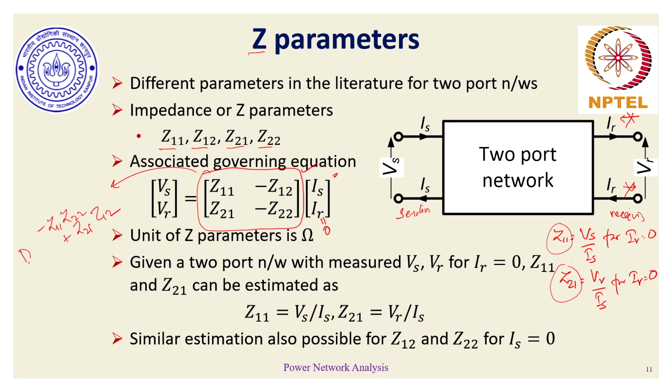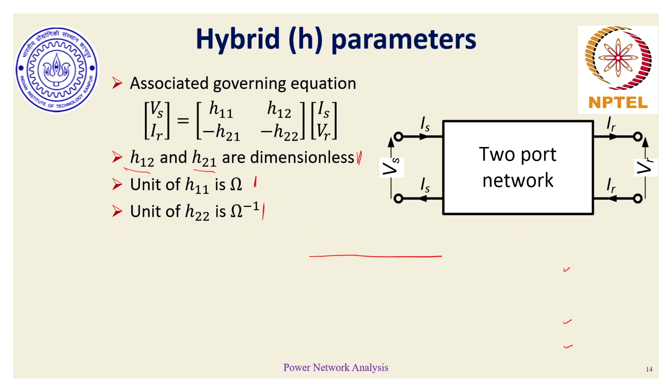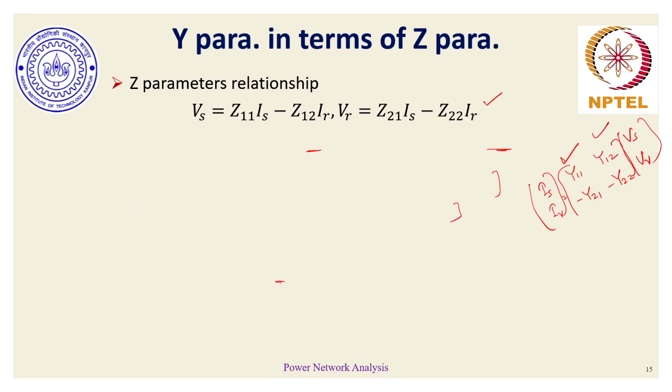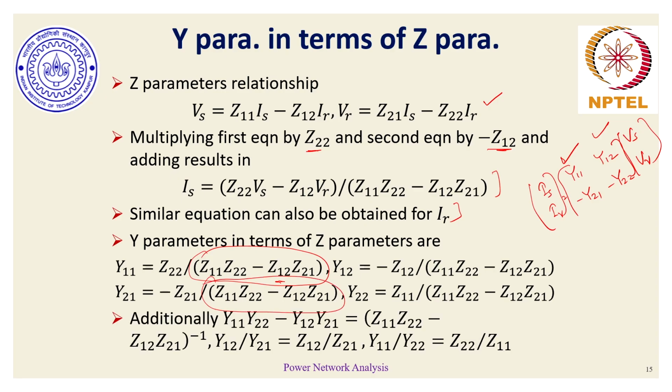That's the determinant of this corresponding Z matrix. If this matrix inverse has to exist, this determinant should not be 0. And that's the reason why you see a corresponding similar term present in all the Y parameters in terms of Z parameters. For Y to exist, these terms or divisions should be defined.